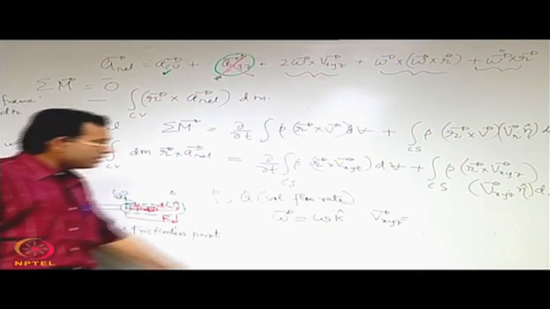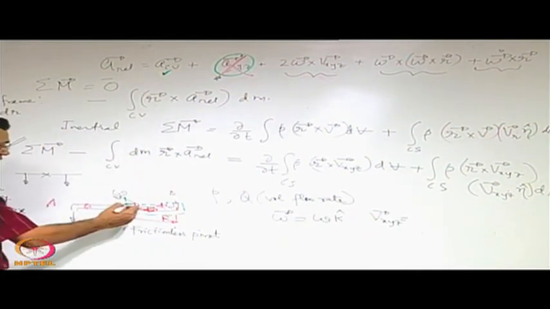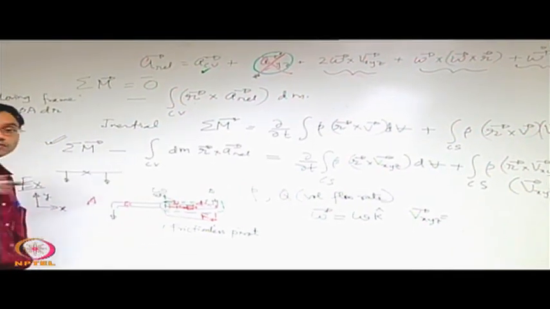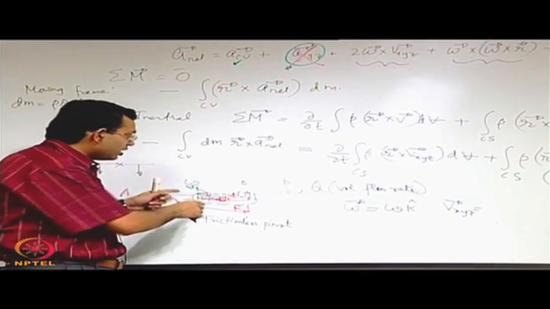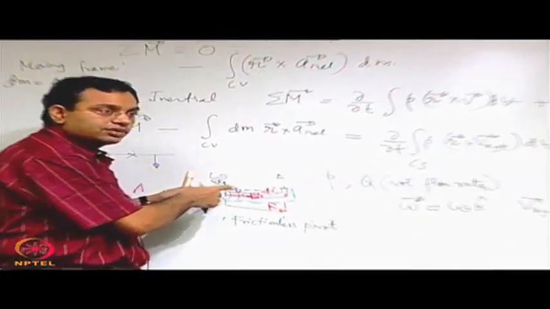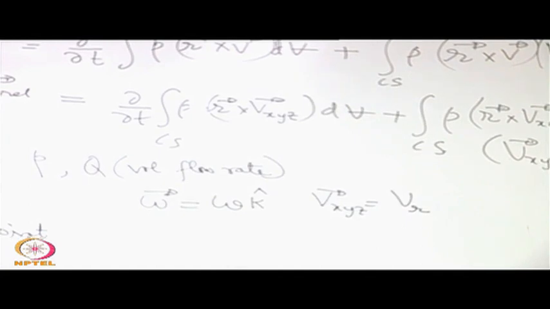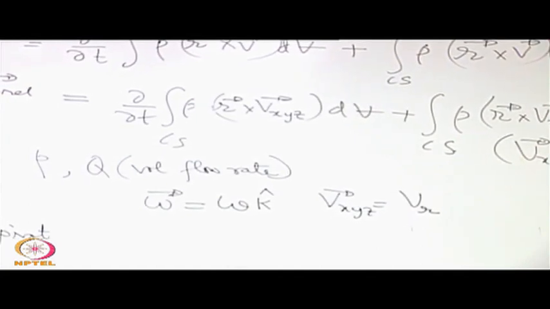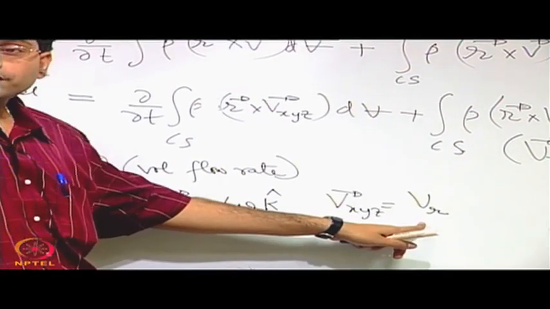So, then what is V small xyz? Velocity of the water relative to the sprinkler. So, say it is moving at a velocity V r relative to the sprinkler in a magnitude sense, vector sense, with these 2 options i or j.